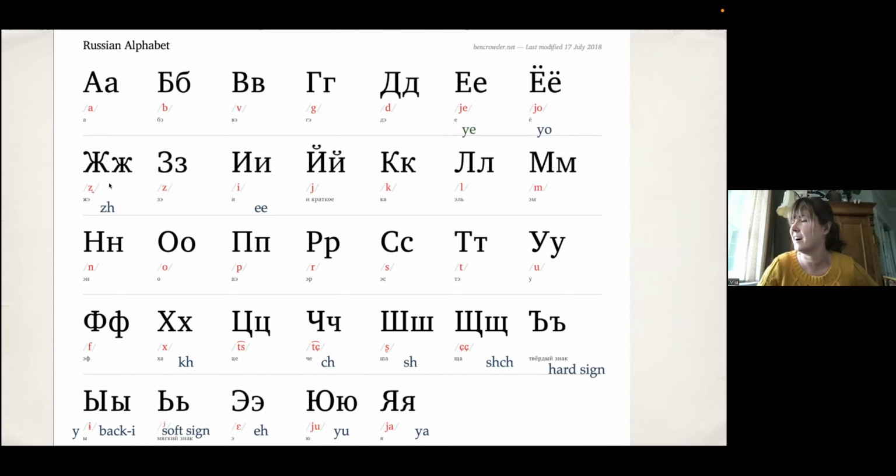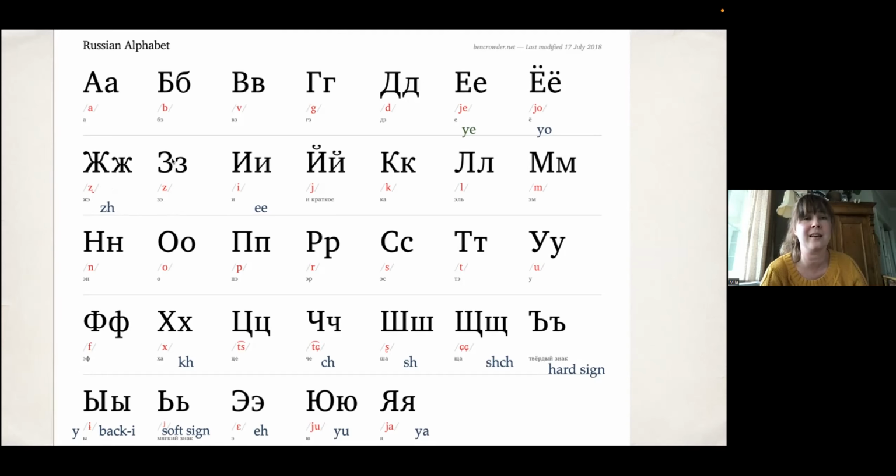These are hard to distinguish for me too, but let's see what I have written down here. This is the sound that you have in the English word Asia. So sha, Asia. So it's kind of like z. This is the typical zeta, so like Z sound, like zoo.